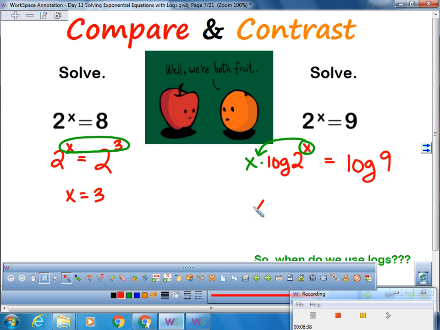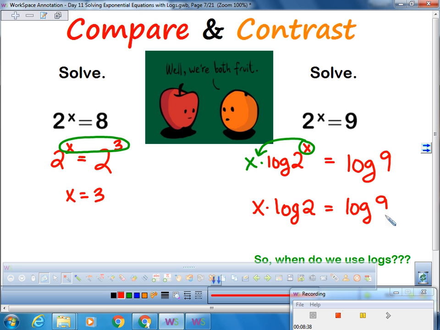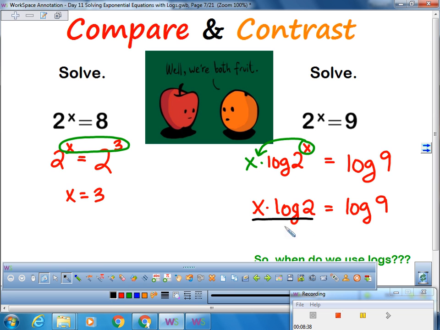So now I have x times log 2 equals log 9. Well, how do I get x all by itself? Divide by log 2. Divide both sides by log 2, and I just got x.